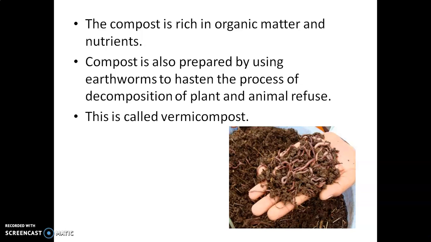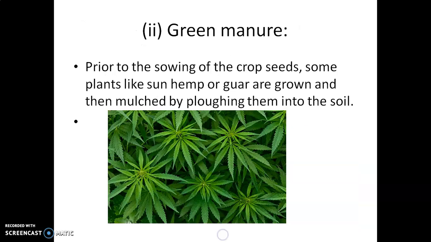The compost is rich in organic matter and nutrients, and we know that we can prepare compost by using earthworms to hasten the process of decomposition of plants and animals' refuse. And this method of composting by using earthworms is known as vermicompost.